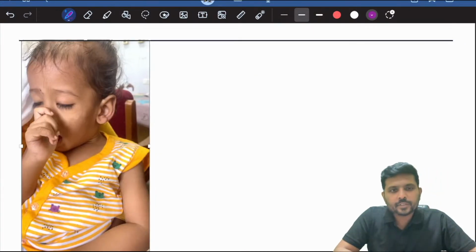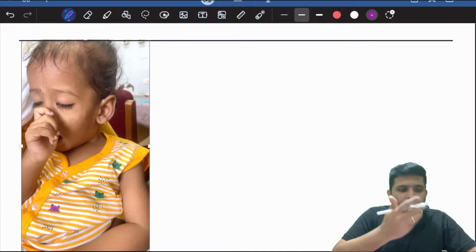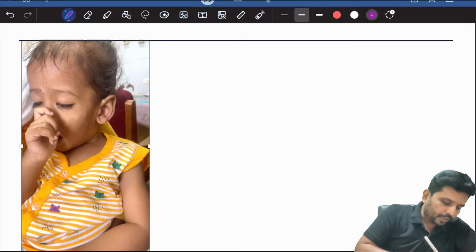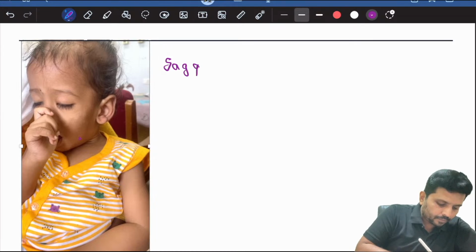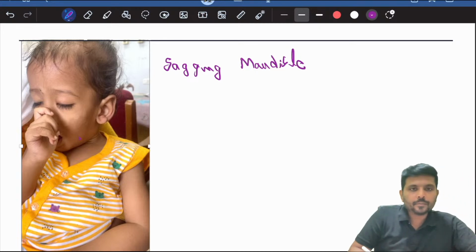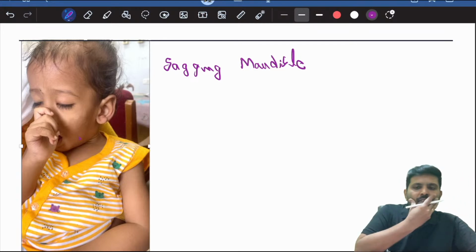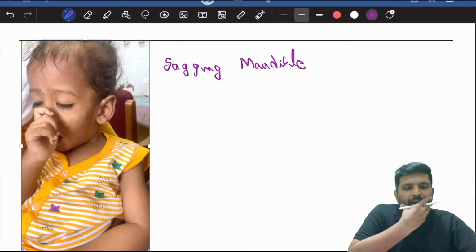And look at this. This child has got a longitudinal face and a sagging mandible. The mandible cannot hold the weight of the masseter muscle.